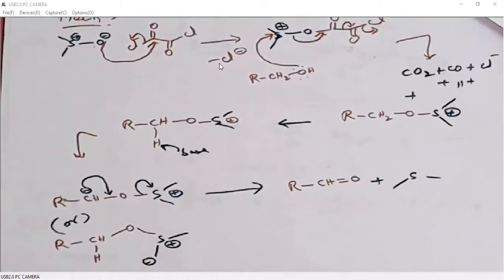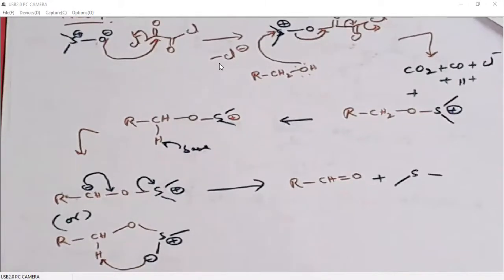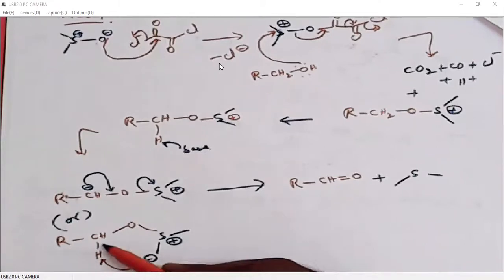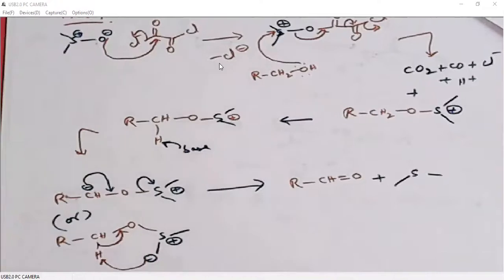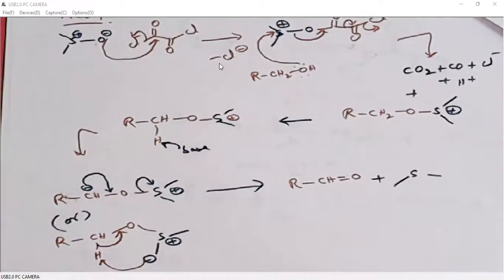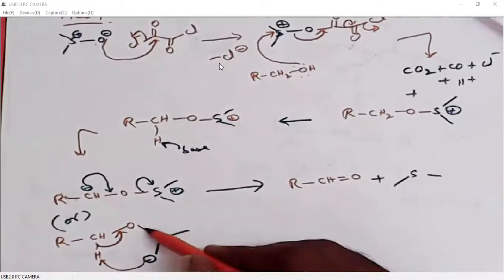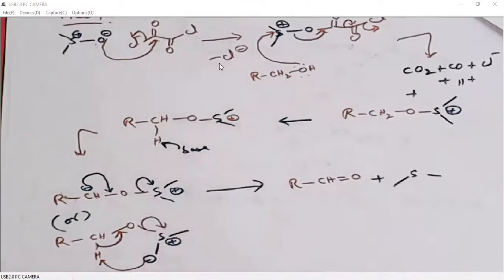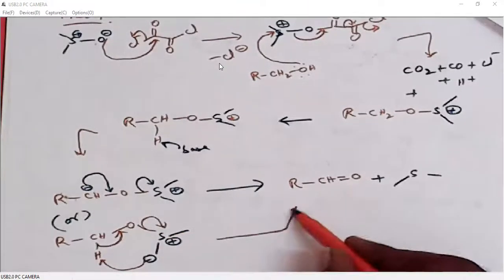Then we can easily show intramolecular fashion for the carbon oxygen double bond formation. This anion will pick up this proton intramolecularly. Then this carbon hydrogen bonding electrons will be polarized towards carbon oxygen to generate the carbon oxygen double bond. Then it will be reduced, so again we will get the same products.